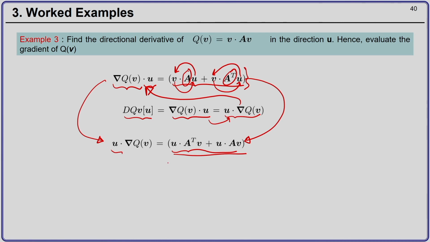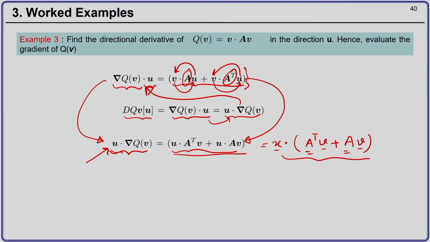Then I can take out u and write A transpose v plus A v. Now I can compare the left hand side to the right hand side. You have u dot gradient of q, and on the right hand side you have u dot this particular expression in the bracket.